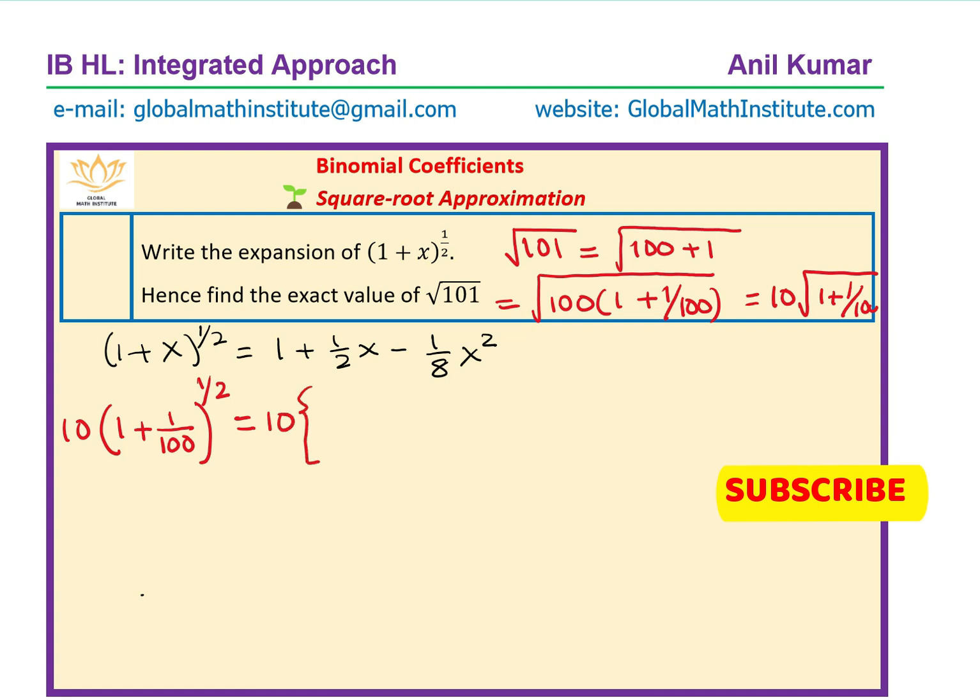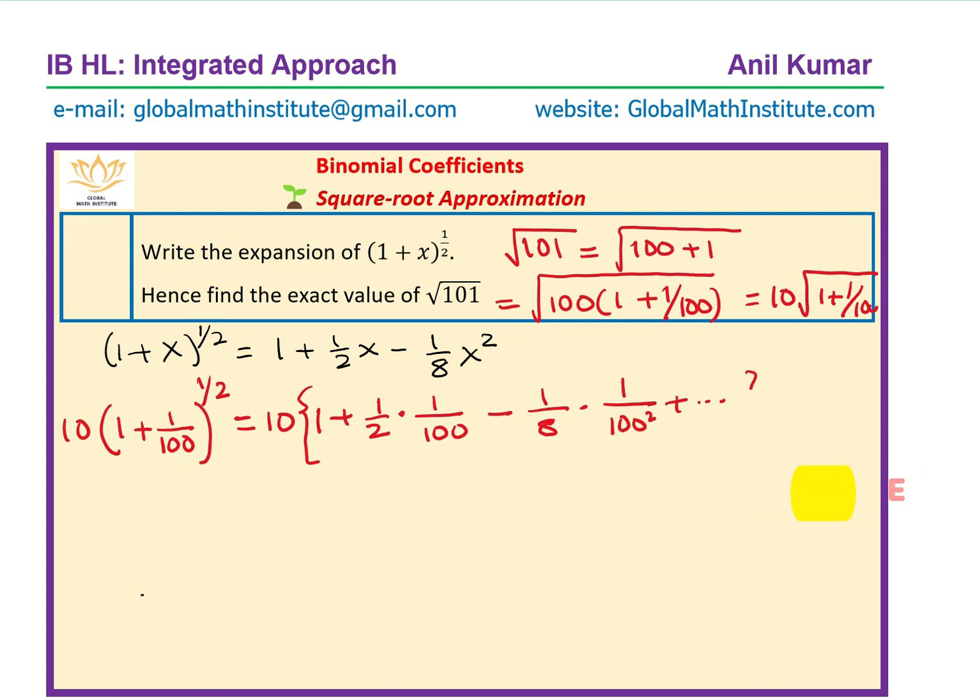So we get 10 times. Within the bracket, we'll expand this now, substituting x as 1 over 100. So we get 1 plus half times 1 over 100 minus 1 over 8 times (1 over 100) squared, plus so on. You get the idea, right? So this is what we have got. And now we can calculate its value.